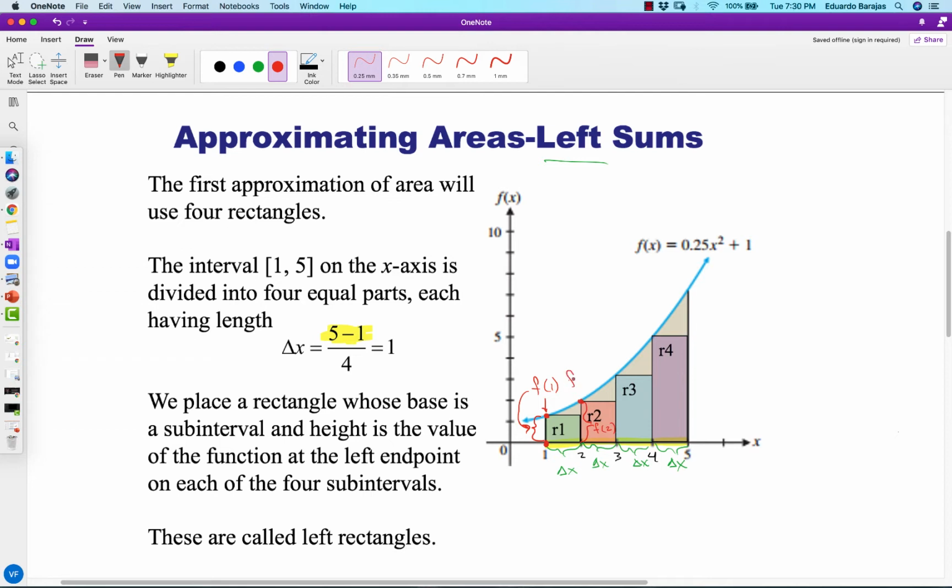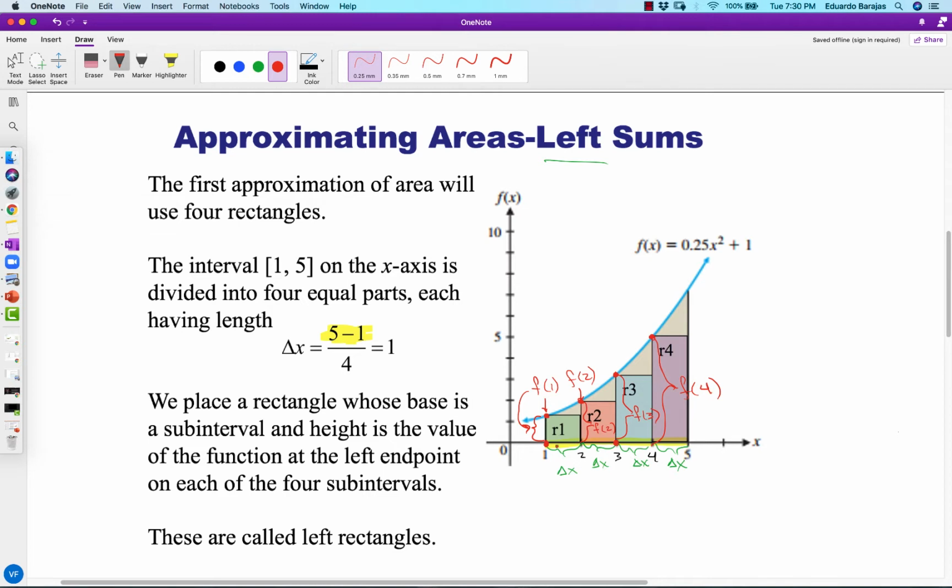Good? And for this rectangle there, we would use 3, which means that this height right here is f of 3. And then finally, for this rectangle, we use that height right there, which means that this is f of 4.